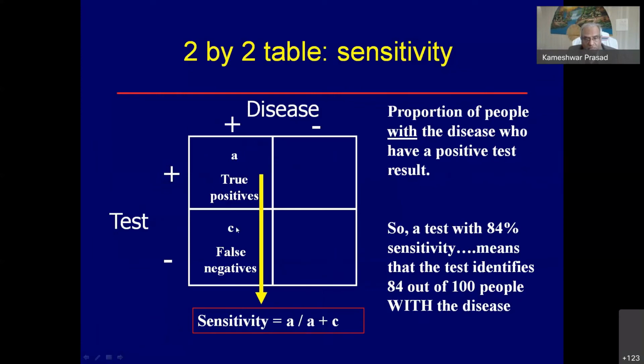So true positive is here, false negative is there, the true positive rate is sensitivity. So remember this column is important. And when this false negative is 10%, true positivity or sensitivity will be 90%. If it is 5%, sensitivity will be 95%. If it is 10%, sensitivity will be 90%. So sensitivity and false negative rate has got this relationship.